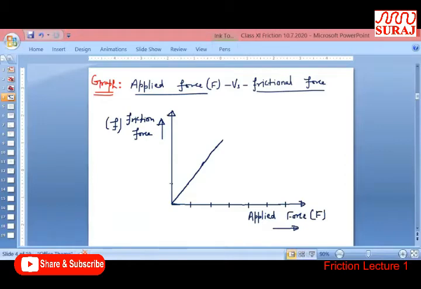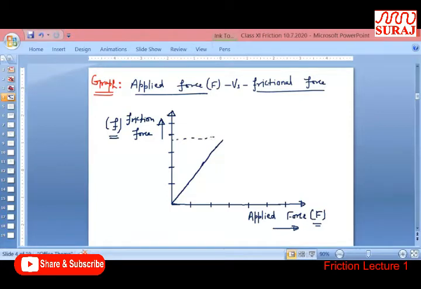You should understand these things very carefully. That's why I'm not going faster. So on the x-axis, we have the increasing value of applied force, and on the y-axis, the frictional force. So as the applied force increases initially, the friction force will increase in the same proportion.